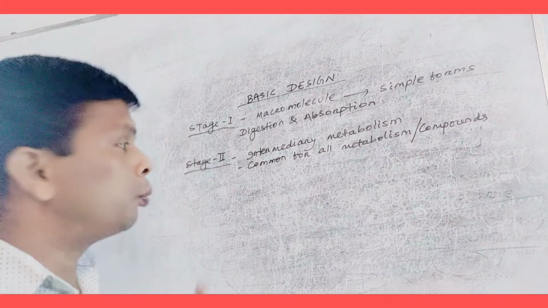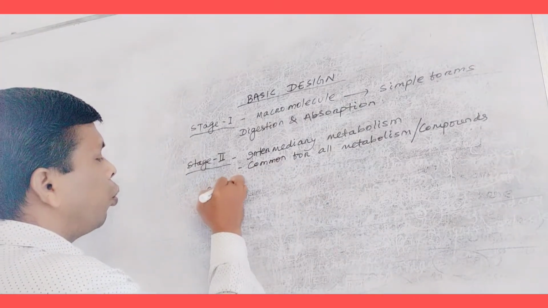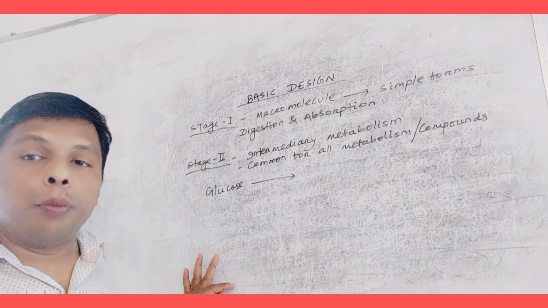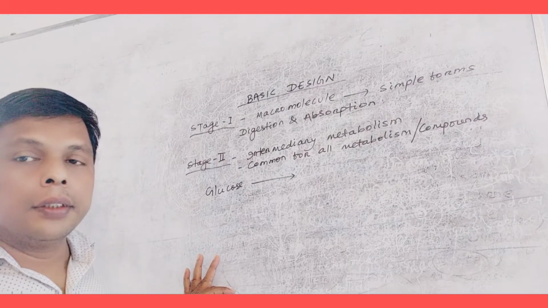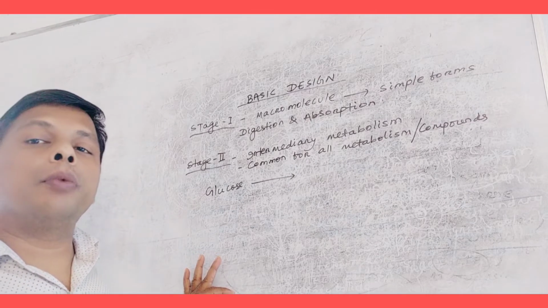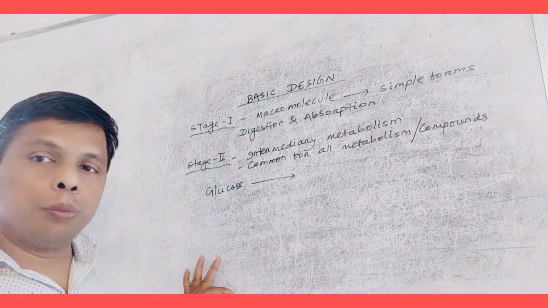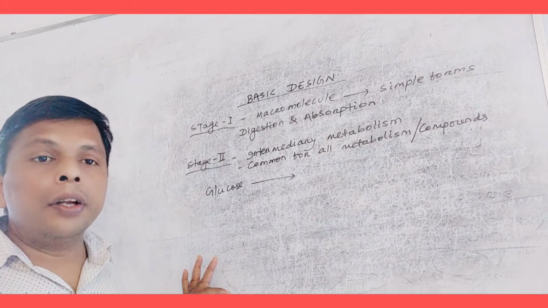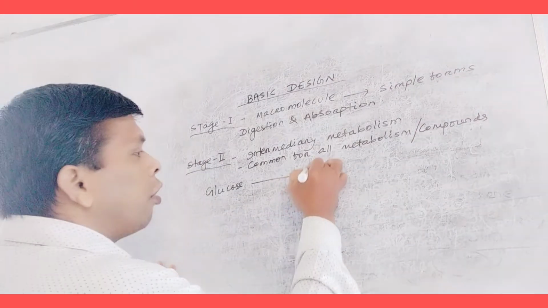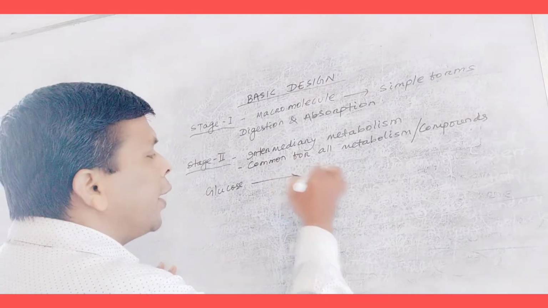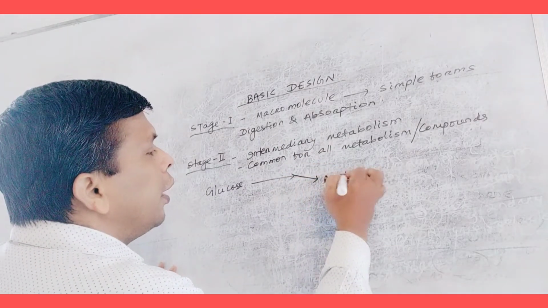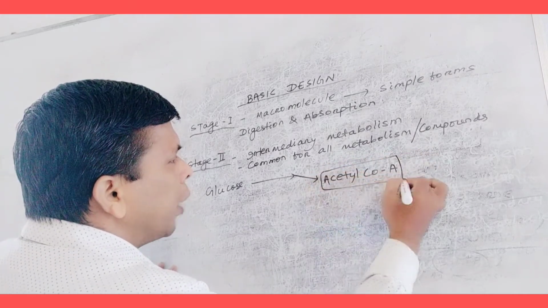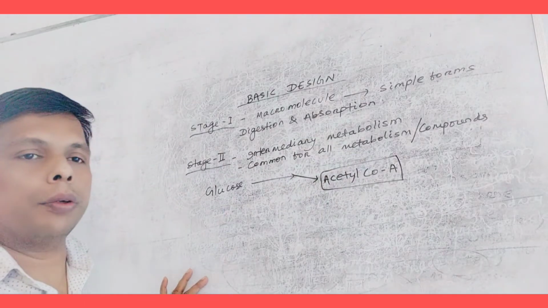Glucose is converted into pyruvate in glycolysis, and pyruvate is converted into lactate; both pyruvate and lactate are converted into acetate. The acetate enters the mitochondria by forming acetyl coenzyme A. That means acetyl coenzyme A is one of the intermediary compounds.